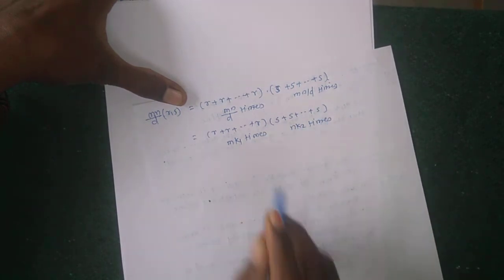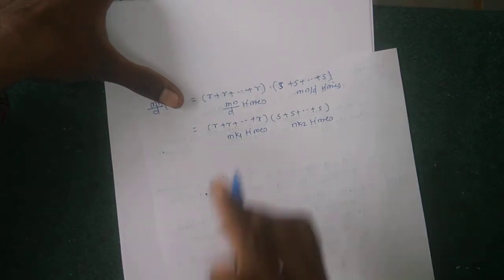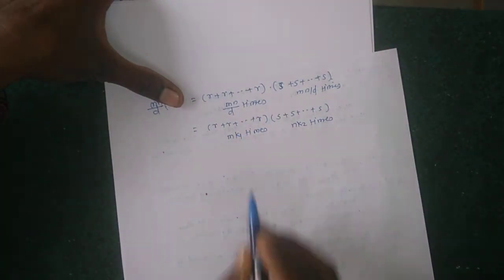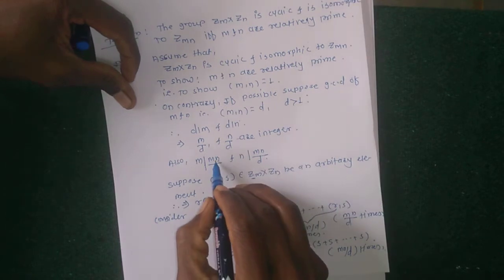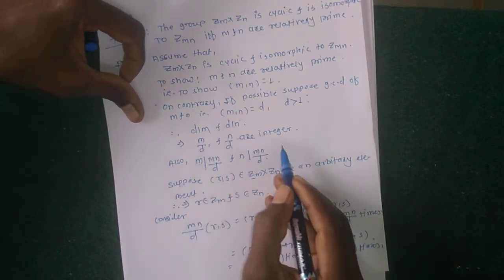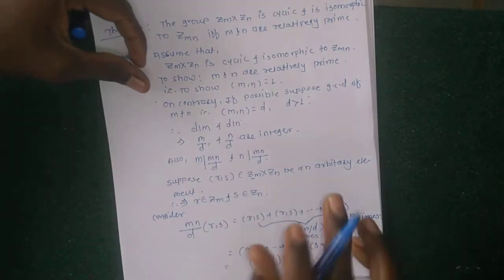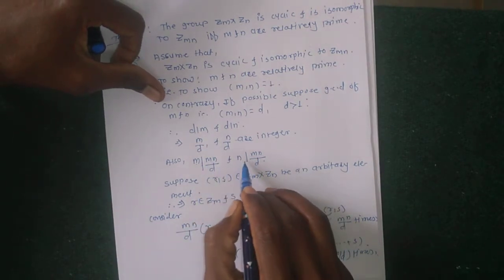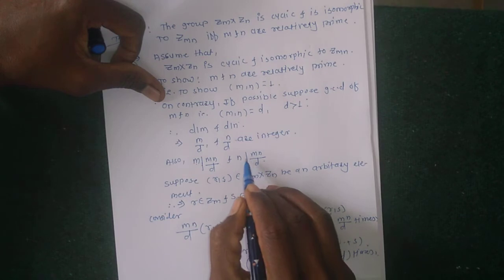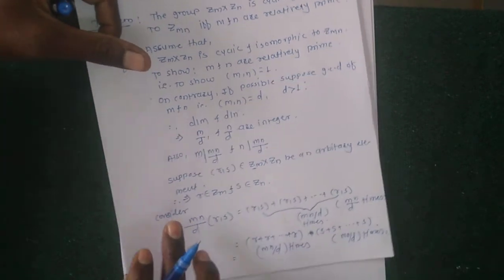Why is this written in the form? Because, by using divisibility, m divides mn by d, which implies that mn by d equals mk1, where k1 and k2 belong to the set of integers Z. And similarly, n divides mn by d, so mn by d value is n into k2, where k2 belongs to the set of integers.